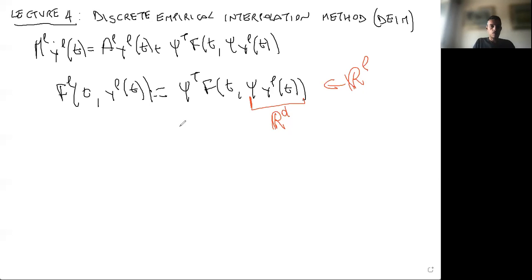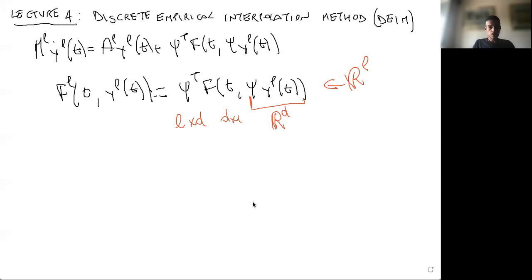So here what we have is L by D times D by 1. But at each iteration, this might be very expensive because we still have to get back to the high-dimensional problem, and also to compute each iteration we have to compute the perturbation. So this step cannot be offline. Each iteration we have to update and project. So this is for sure very expensive.